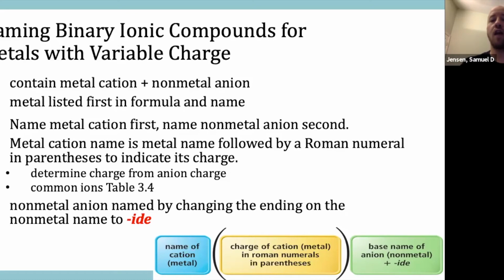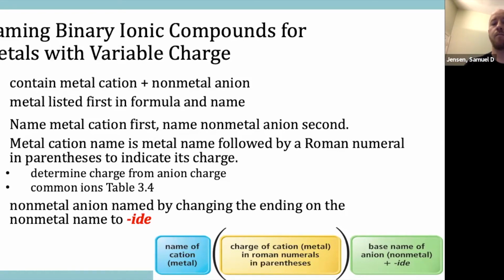So we need a further way to delineate the difference between the transition metal elements. We do that by adding the charge of each cation, the charge of the metal, in Roman numerals in parentheses. Everything else in the formula stays the same.